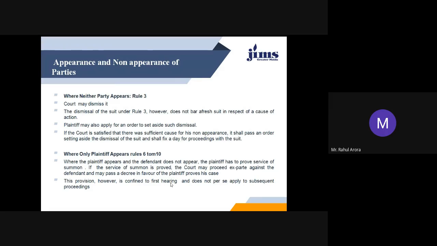So a benefit of doubt may be given to the parties in this circumstance.